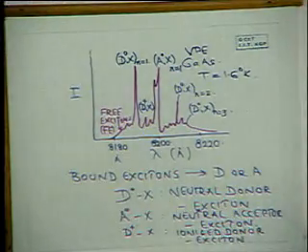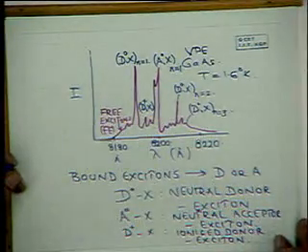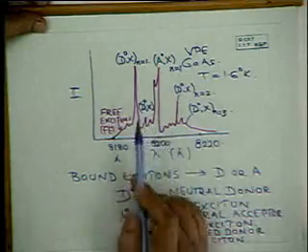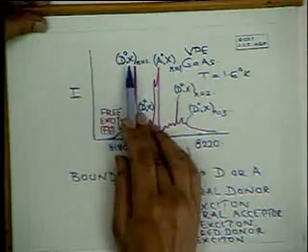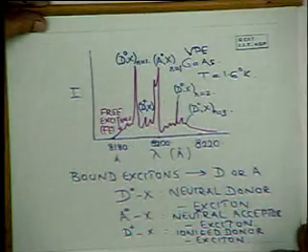The question arises, how do we identify these levels? We identify the levels by both looking at the energies which can be calculated, the energies of these specific levels, and also their line widths.